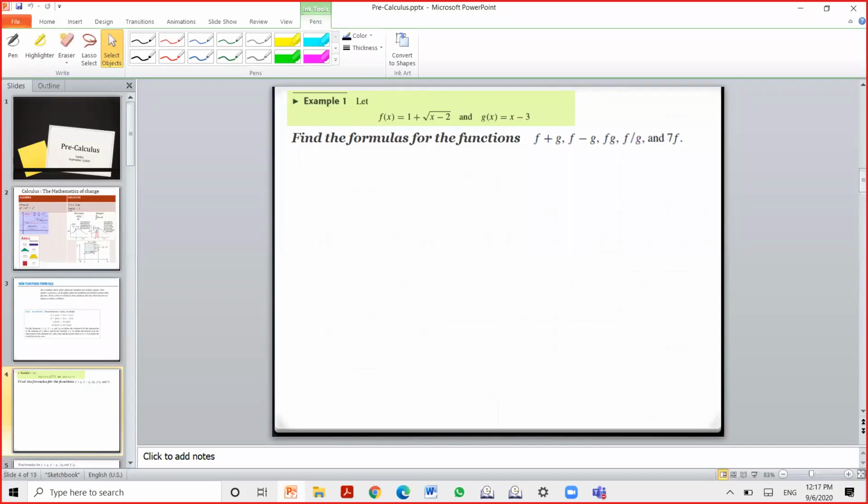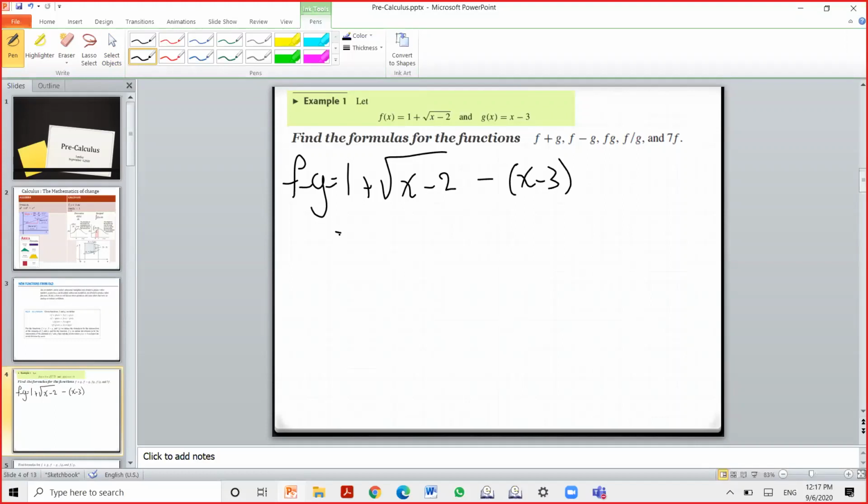Now, as we did before, sorry, it was deleted. Now look here. If we have f minus g, it will be 1 plus square root of x minus 2 minus x plus 3. 1 plus 3 is 4.